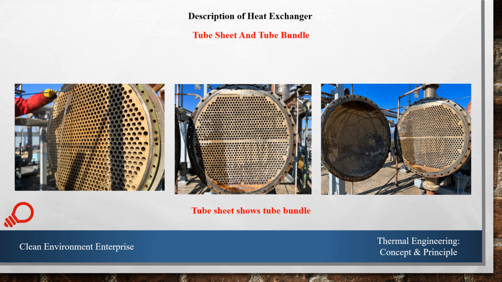Usually the tubes are connected to this tube sheet by soldering, and on both sides there could be tube sheets, on the left hand side and the right hand side of the heat exchanger.